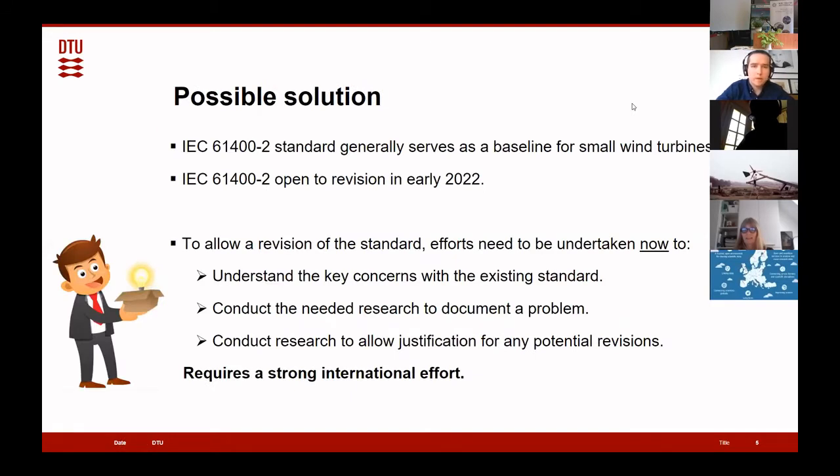Now, regarding a possible solution in general, the IEC 61400-2 is a standard for small wind, which generally serves as a baseline for small wind turbines. This standard is open to revision in early 2020.